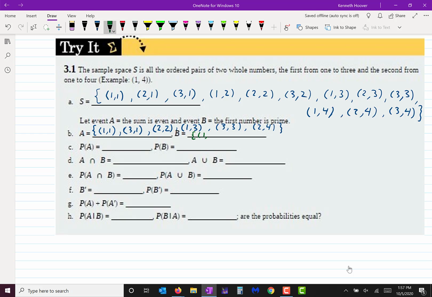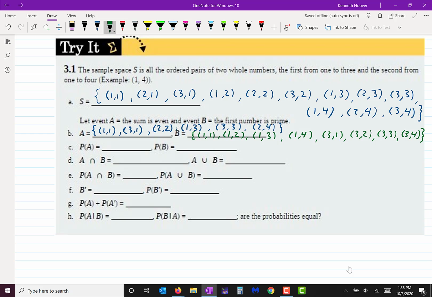I see (1, 1) and (1, 2) and (1, 3) and (1, 4) and (3, 1) and (3, 2) and (3, 3) and (3, 4). So there's B in green, and A is in blue.